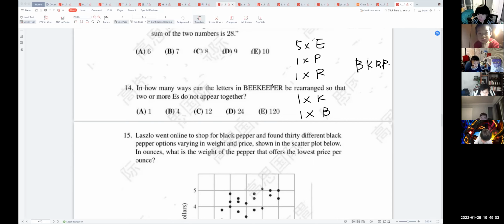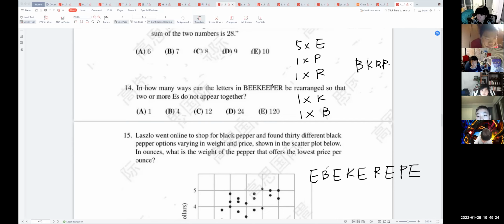Inside the E's, right? You understand, everybody? Because E's cannot be together, so when they're not together, we have to put B, K, R, P between the E, E, E, E, E. Understand? So how many different numbers could there be? Because E cannot change their position.